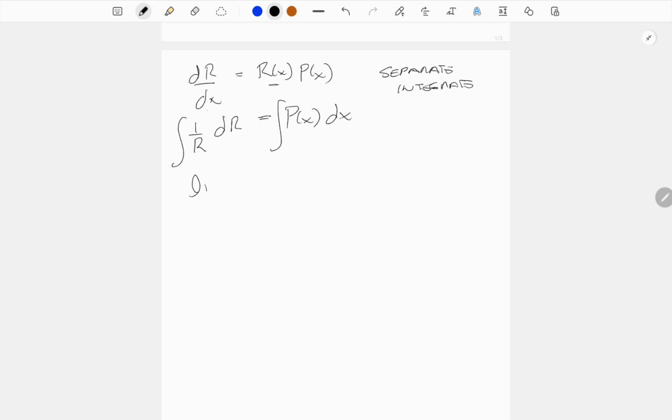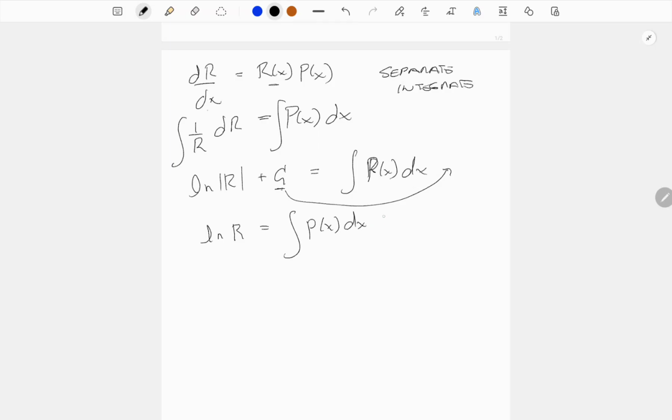That is ln of r plus some constant, equals the integral of p of x dx. Great. Let me bring this c over to the other side. So this becomes ln of r equals the integral of p of x dx plus some constant.